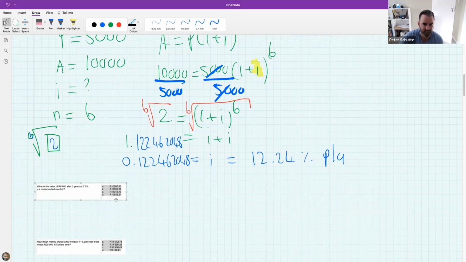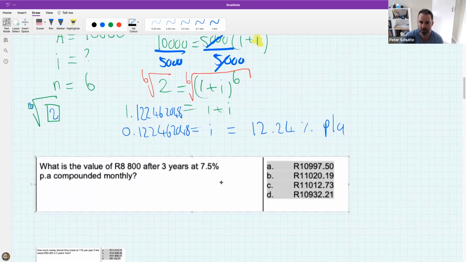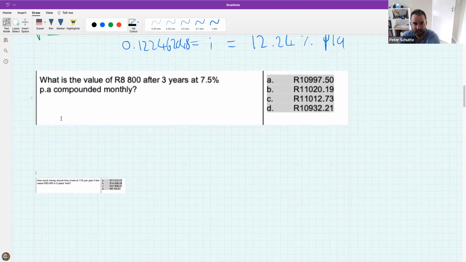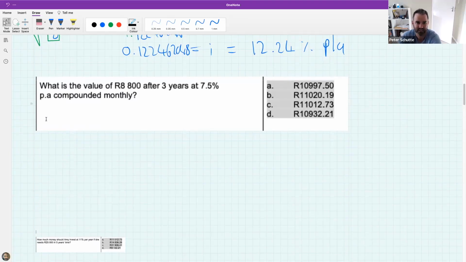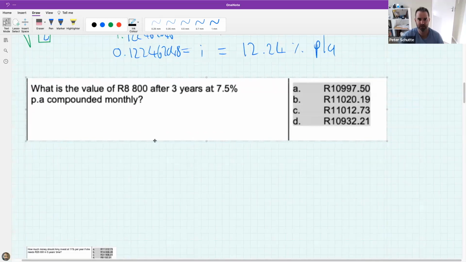Okay, now let us do another multiple choice question. Let us do this one. Let me move the other ones out the way. And this is a slightly different question, and the only difference is this part.